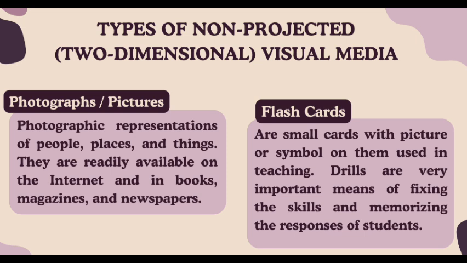And these pictures are available on the internet, books, magazines, and newspapers. Next are flashcards. Flashcards are small cards that have pictures or symbols or questions. And these cards are often used by the teacher during a class activity or an assessment.